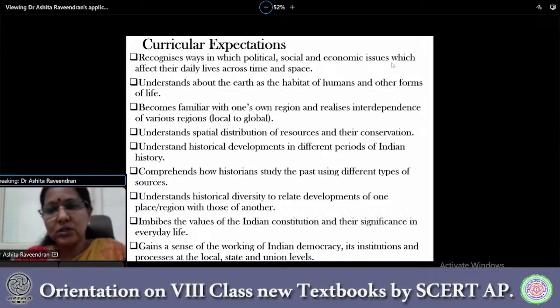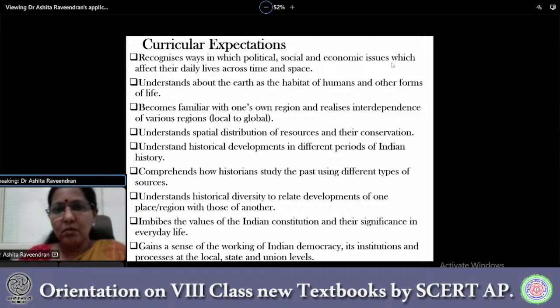There are various sources, it can be literary sources, it can be material remains that are available. From all these sources, historians try to collect information, and they state the information in the form of history, that this has happened in the past and this is how it happened. So it can differ from historian to historian.